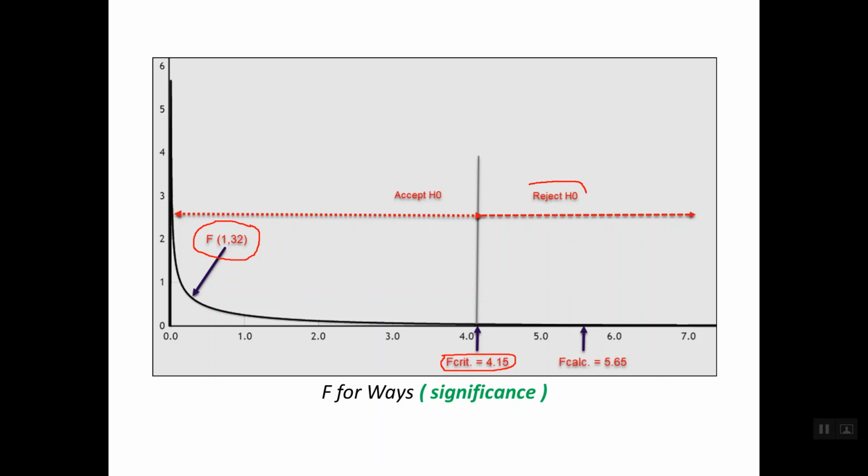The right region is the region where we reject the null hypothesis, and to the left of the critical F is the region where we accept the null hypothesis.